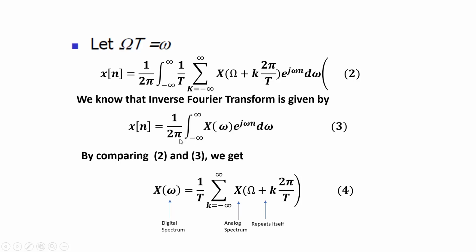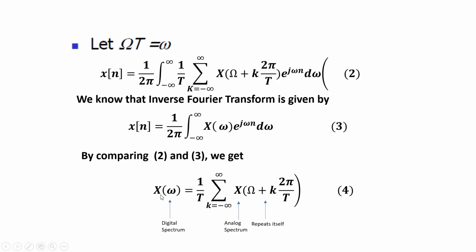Now, we also know that the inverse Fourier transform in the discrete domain is given by x of n equals 1 over 2 pi integral going from minus pi to pi of X of small omega e to the power j small omega n. Now, comparing equation number 2 and equation number 3, I can say that this X of small omega, which is the digital spectrum basically, is equal to 1 over T sigma, k going from minus infinity to plus infinity, of X of big omega plus k times 2 pi by T. The same I have written here.